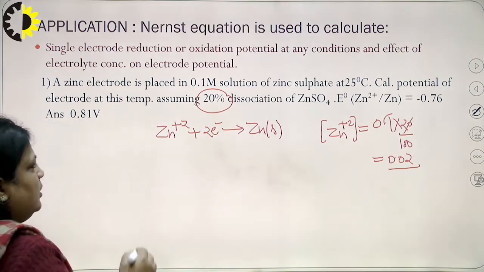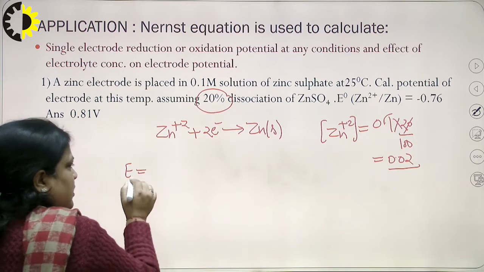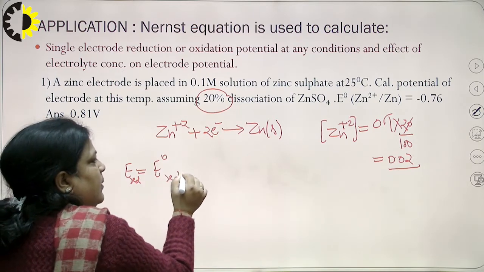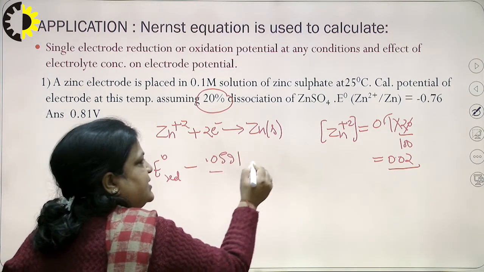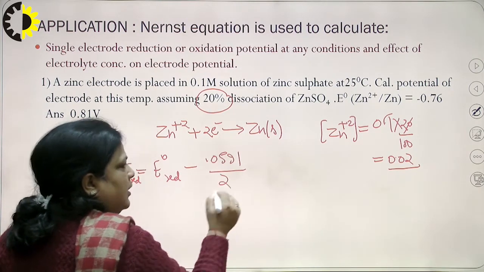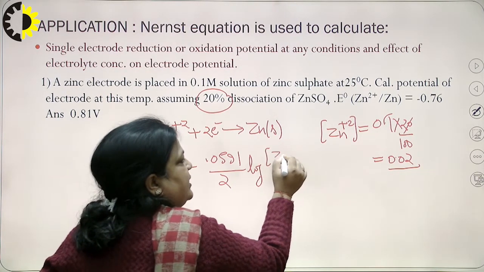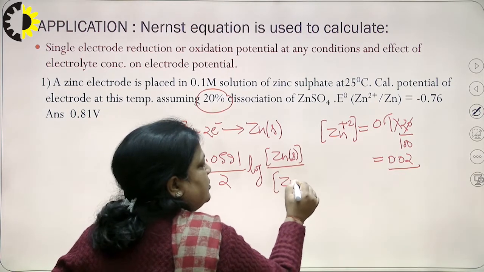Now, from the Nernst equation for the half reaction, E reduction is equal to E naught reduction minus 0.0591 upon n, since n is 2 in this reaction, log of product upon reactant. The product is zinc solid and the reactant is Zn plus 2.